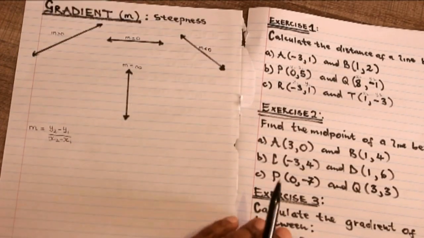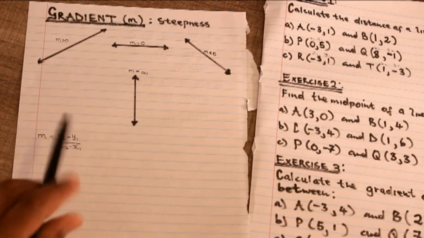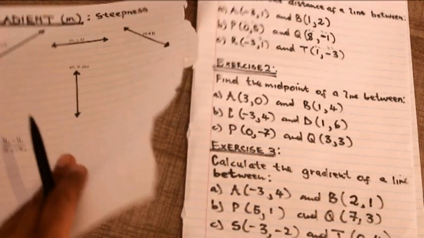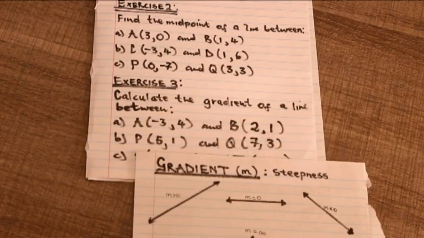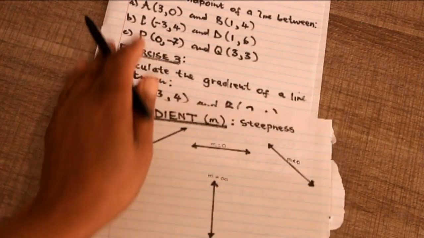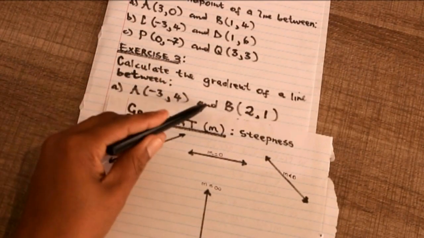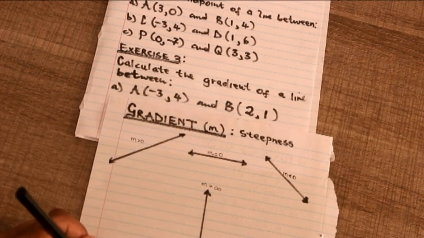Now, as I look at one exercise that I've noted here, you have to calculate the gradient of a line between 2 points. I want to make this clear for everyone. Let us look at the gradient of a line between A being minus 3, 4 and B being 2, 1. I'm going to write it down.